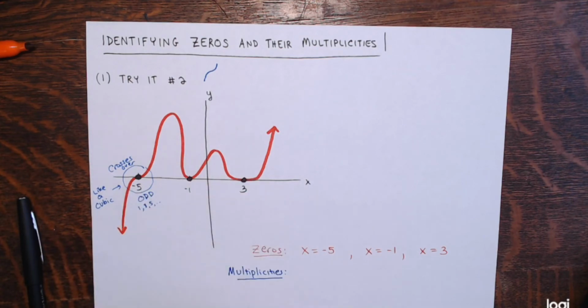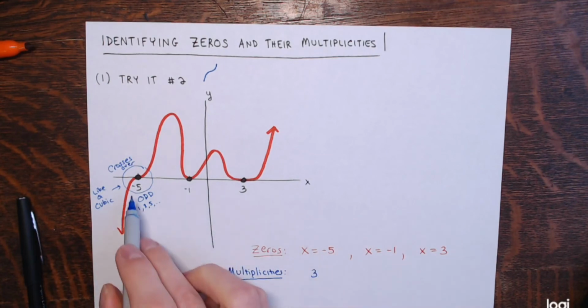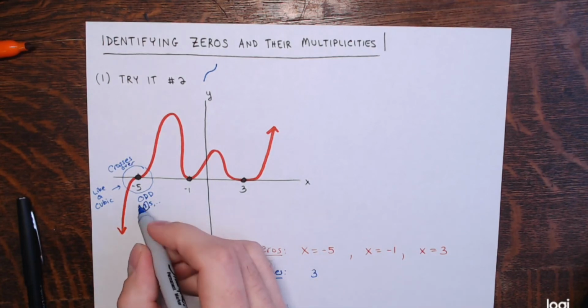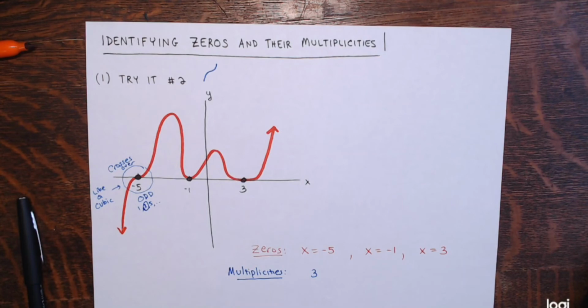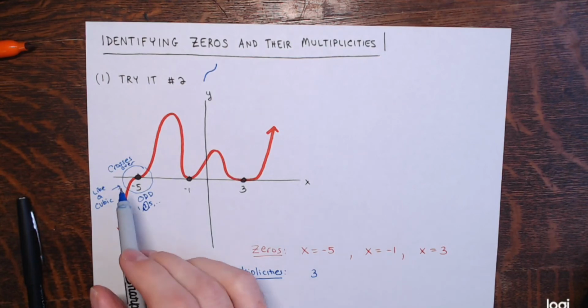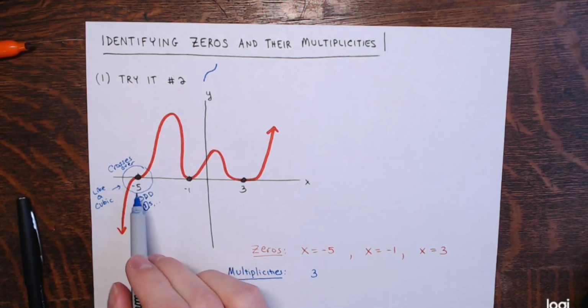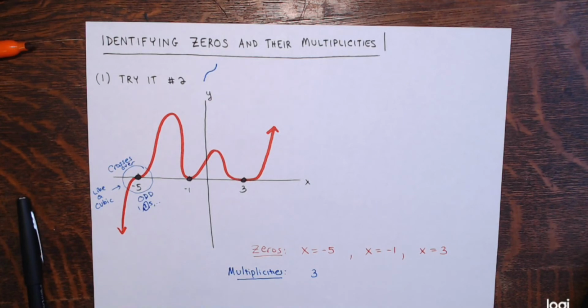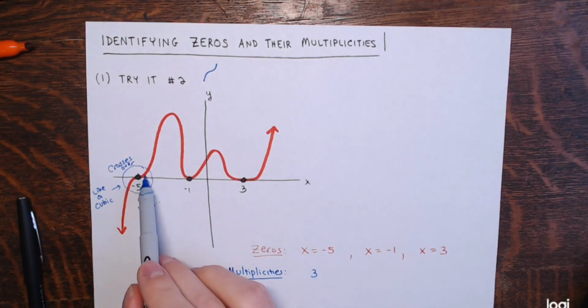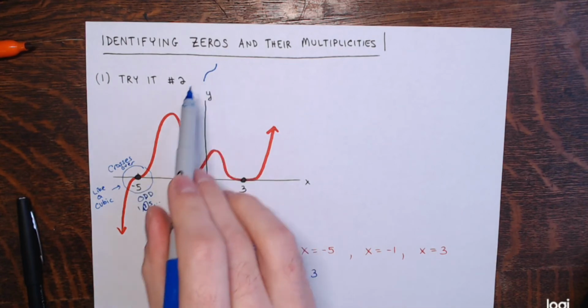See how the graph is like a cubic polynomial here at x equals -5, which is a degree 3. So if I had to guess, based on just the look of the graph, I would say that the multiplicity of this 0 of x equals -5 was 3, just because of how it's crossing the x-axis there. Now if it were even flatter, I might say 5, but it looks like it's barely curving, just like the cubic function at x equals -5.